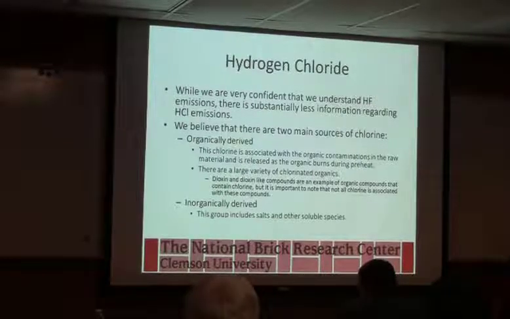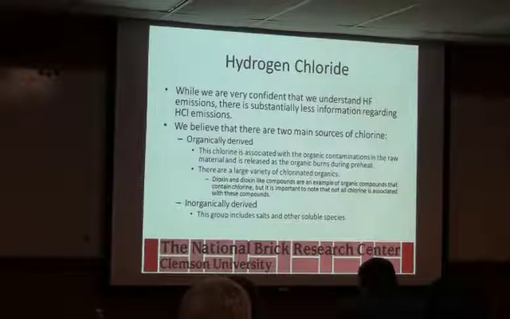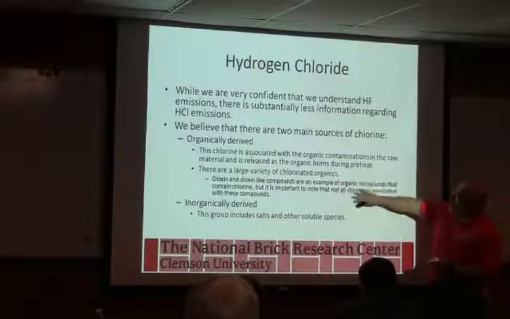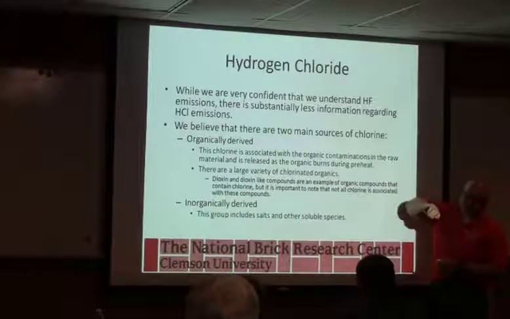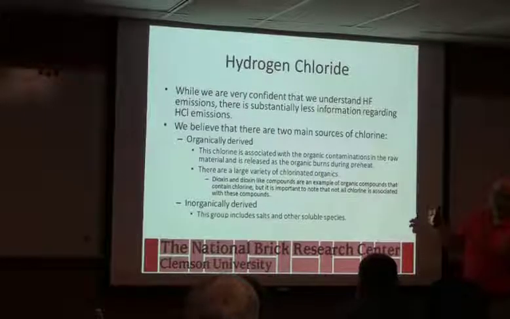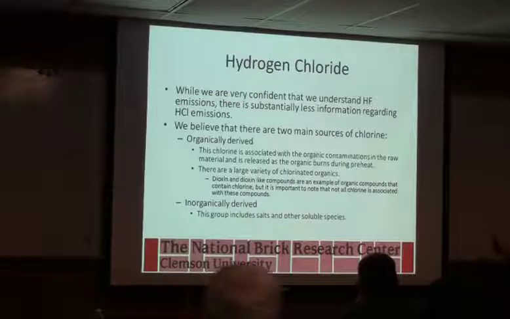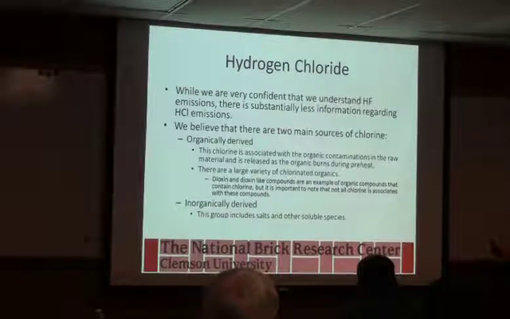I'd say 20 to 30 is more of an average retention rate, but we assume the difference is what went up the stack. So these are very common. Chlorine, so an average fluorine number is going to be somewhere between 600 and 800 parts per million in the raw material.